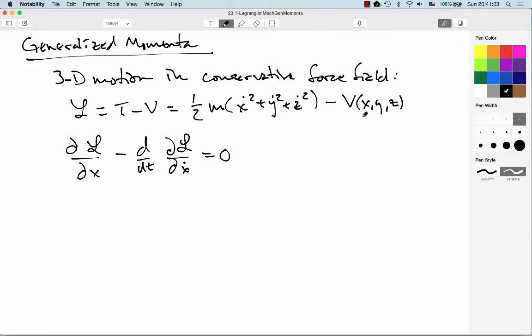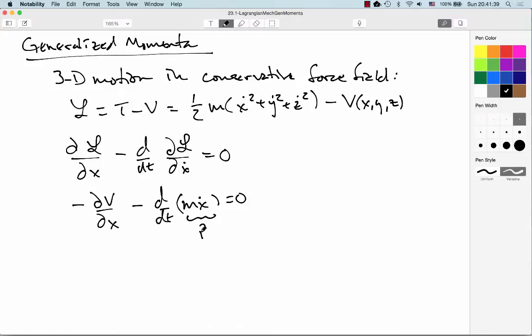Okay, the only thing that depends on x is this V. And we've got a minus sign in front, so this becomes minus partial V partial x, minus d dt of, well, I differentiate this with respect to x dot. I just cancel the 1/2 and I'm left with m x dot there. All right, equals 0.